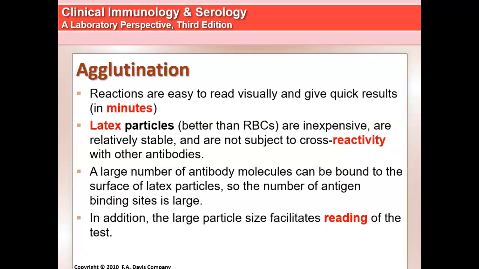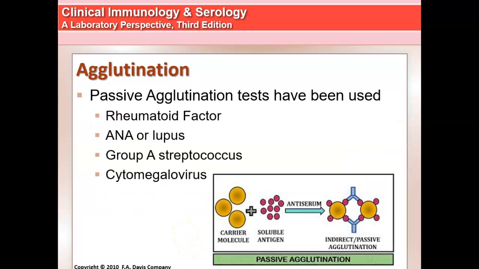So the number of antigen binding sites can be very large. In addition, the large particle size makes reading of the test very easy. Passive agglutination tests have been used for things like rheumatoid factor, anti-nuclear antibodies or lupus, group A strep, and a whole bunch of different viruses.